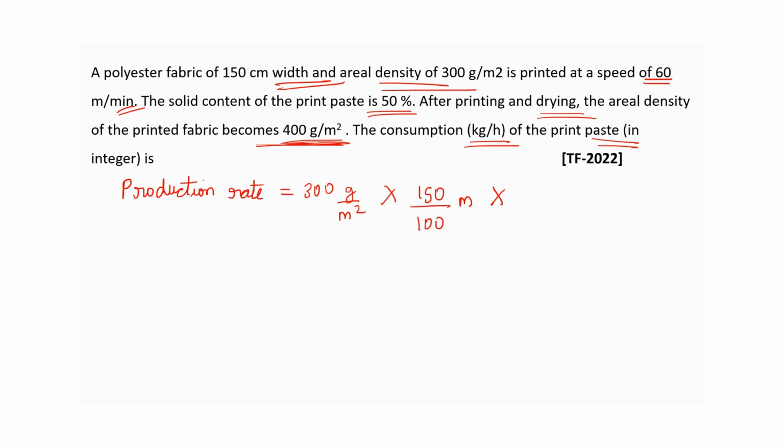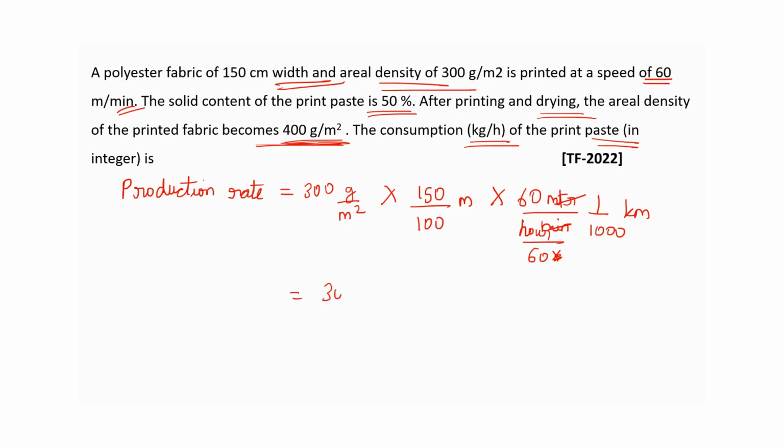To convert to kg per hour, for gram to kg we write 1 upon 1000, and for minute into hour we multiply by 60, since 1 minute is equal to 1 upon 60 hours.